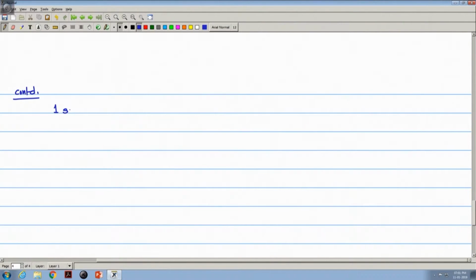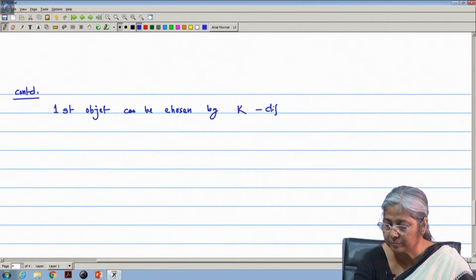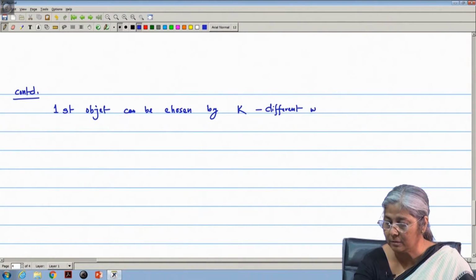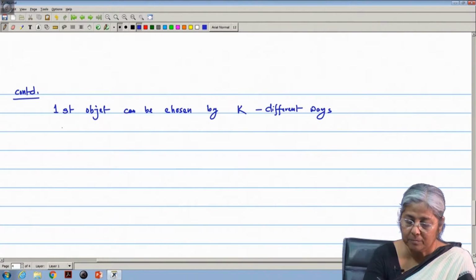So, since I have R permutation, I take that first object can be chosen by k different ways, because any one of the k types.